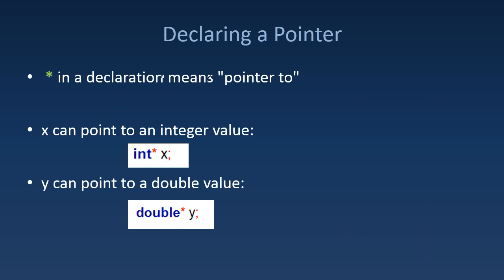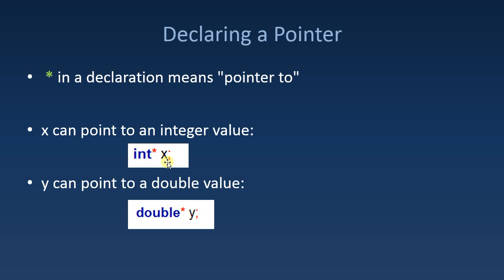The way we declare a pointer is with the star symbol. We've actually got two slightly different meanings for the star symbol, both related to pointers. If you're declaring a variable, like int star x, that says x is a pointer to an integer.